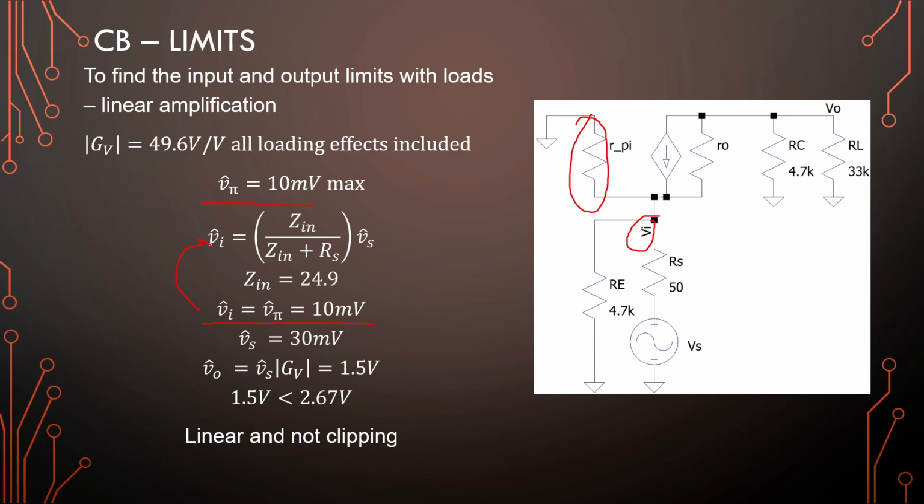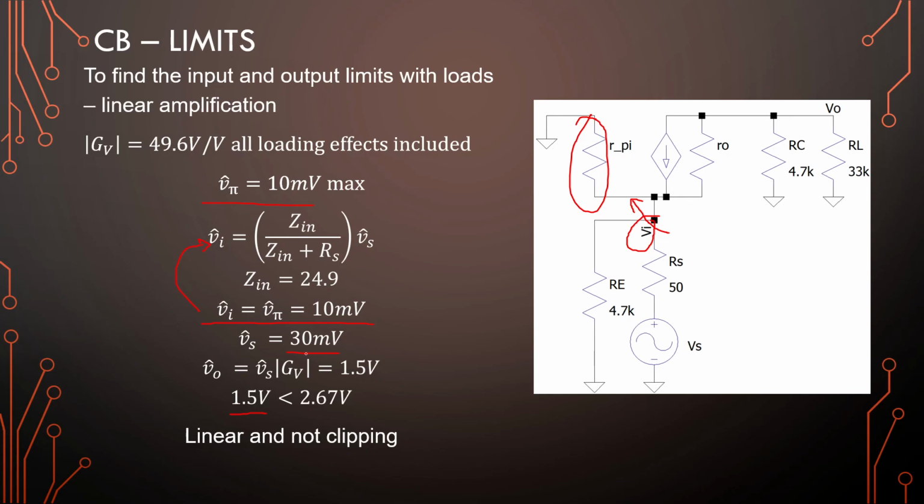Plugging it in here with a very small input impedance and comparatively large source resistor, our Vs can only be 30 millivolts. Okay, so again, only 10 millivolts may pass into the actual input of this amplifier. That will give us, with our GV, a 1.5 volt peak value.